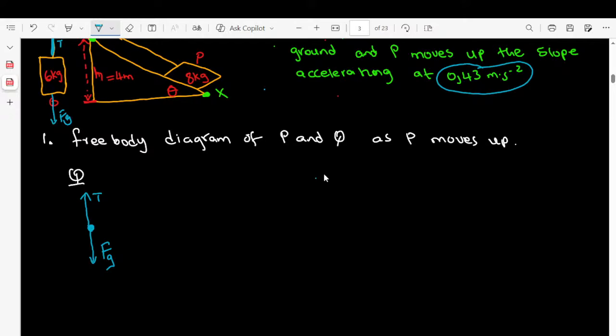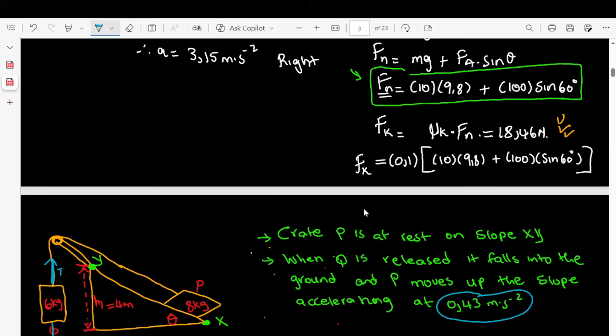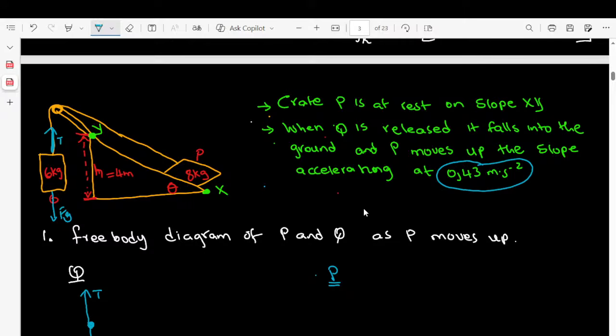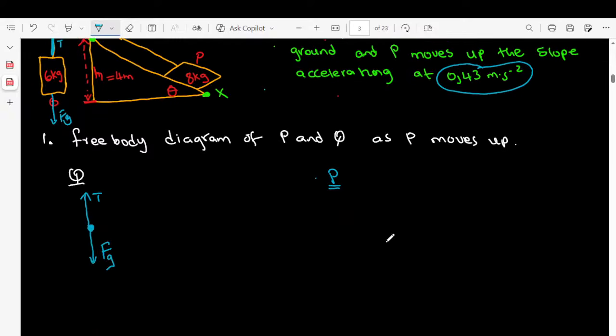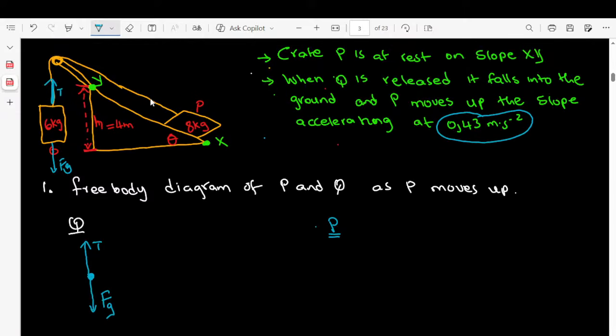Now we need to find the free body diagram for P. Look at where P is. I need you to be very careful on this one. P will have the tensional force pointing up the slope. The normal force, Fn, going up. Since it moves up, the frictional force Fk will go down. Then it will have the weight pointing down, the force of gravity, Fg.